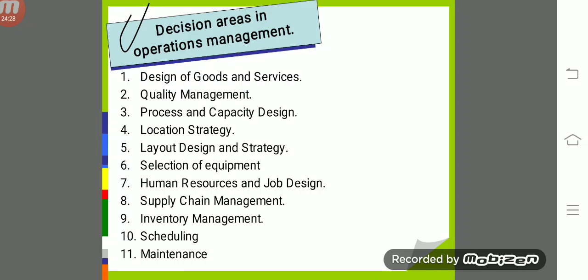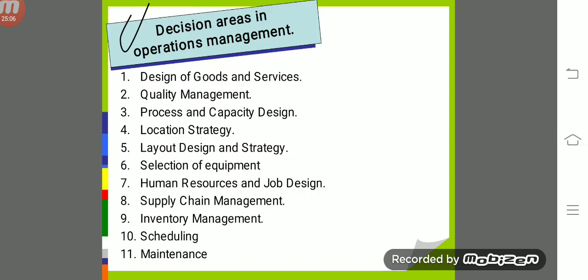The same product delivered by Tata cannot be delivered by Maruti Suzuki. So what is the difference between these two companies? The design of the product, or design of the goods, and also services, like which types of services are provided by Tata. We cannot say that exactly the same services are provided by Maruti Suzuki.